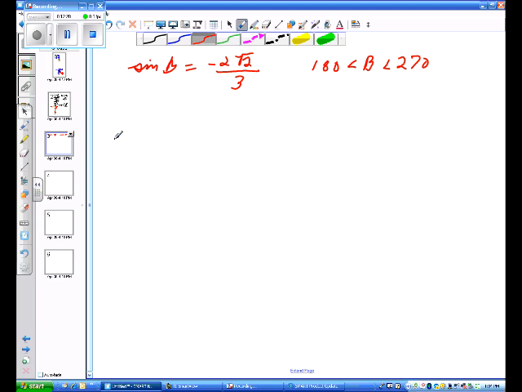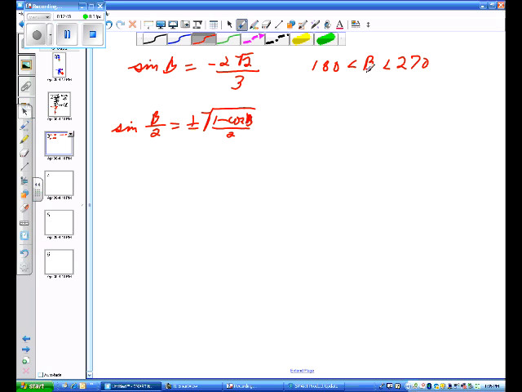Say we want the sine of beta over 2. Well, that's equal to plus or minus the square root of 1 minus the cosine of beta over 2. And I always start with writing my formula. Okay, now I want to take care of the sign outside.